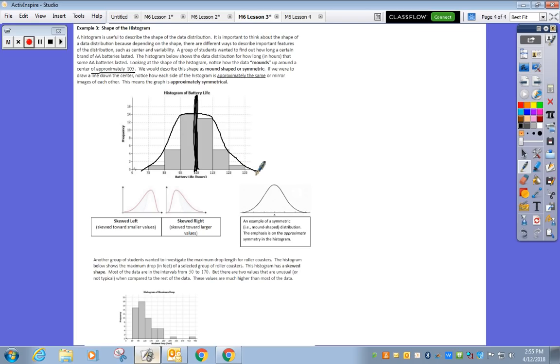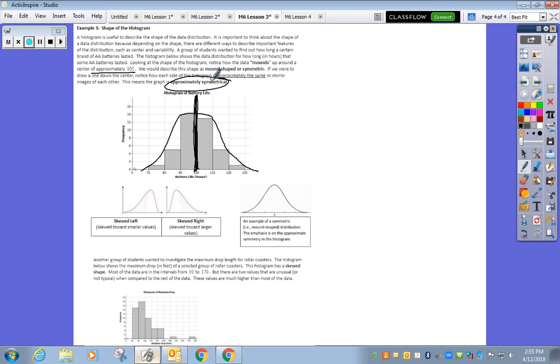So here you can see it is mound-shaped, and it is approximately symmetrical on either side. So this bar is about the same height as this one. This one and this one look to be about the same height, and this one and this one look to be about the same height. So on either side of this line, it's pretty much symmetrical. So this would be an approximately symmetrical shape.